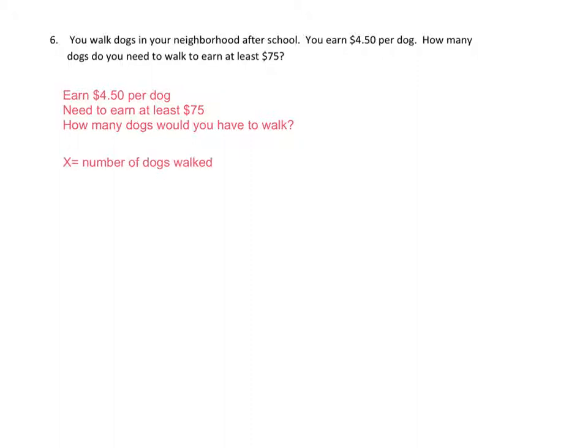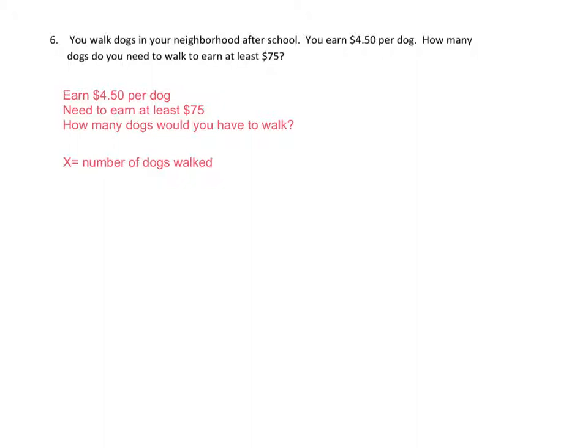Okay, so again, we always look for that total. Well, we don't exactly have a total because we're dealing with inequalities, but you need to earn at least $75. Now that's a word you have to be careful with, because even though it's at least, it will be greater than, because you want at least $75, so $75 or more.